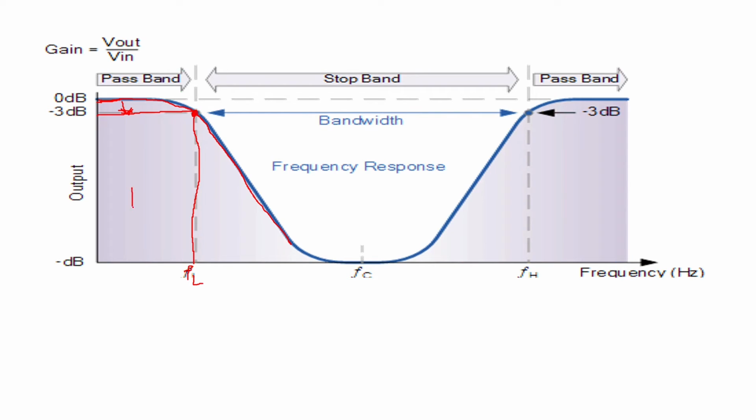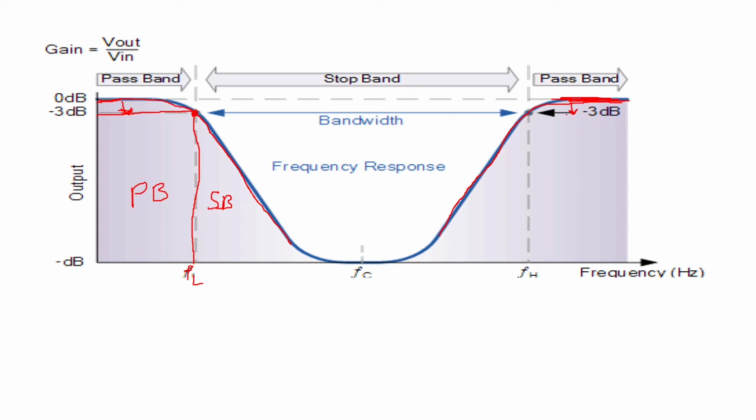So you can say that the frequencies below FL are passed, and the signals which have frequency above FL are stopped. Similarly, here you can have a high pass filter graph. This is your maximum gain.